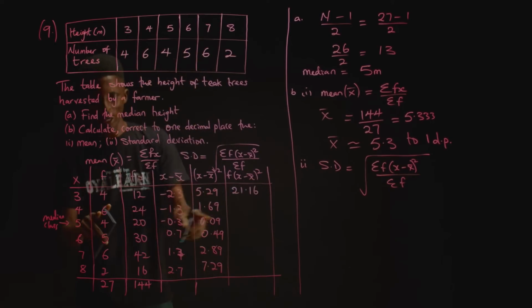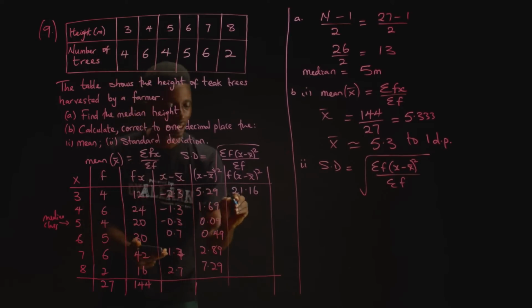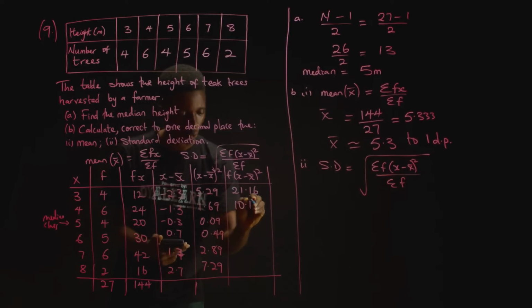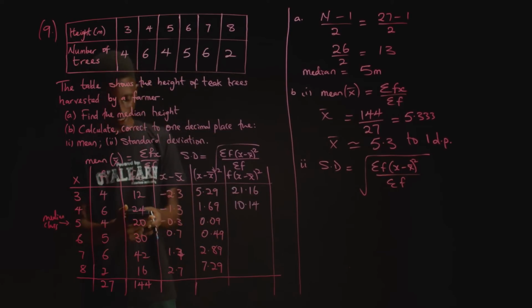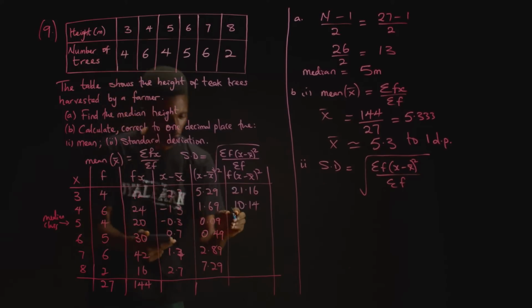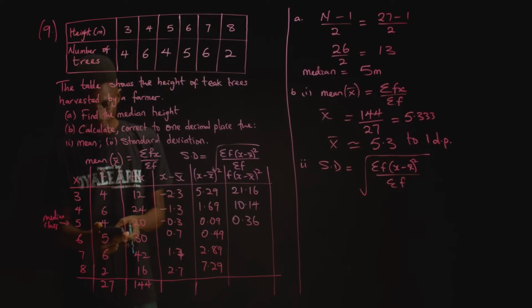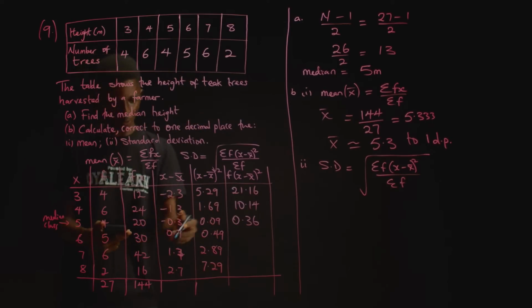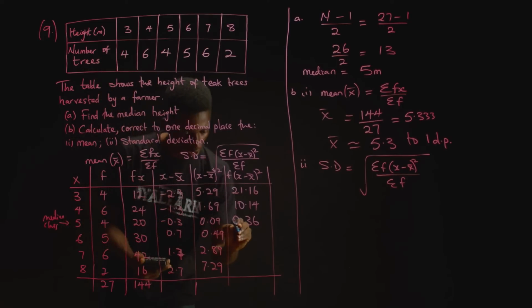Then to the next one, we have 6 multiplied by 1.69, and that is 10.14. Now 4 multiplied by 0.09, and that would give us 0.36. And then 5 multiplied by 0.49, and that is 1.96.